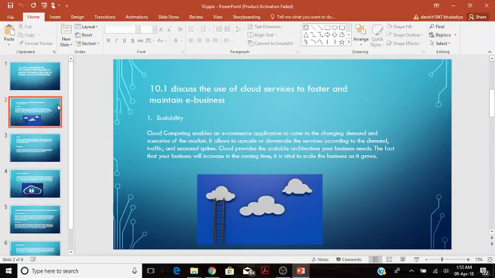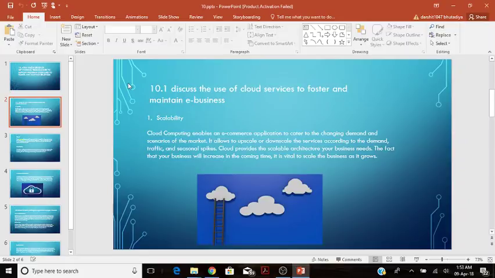The first is scalability. Cloud computing enables an e-commerce application to meet challenging demand scenarios in the market. It allows you to upscale or downscale services according to demand, traffic, or seasonal supply. So it's upscale or downscale on the demand of the business, right?